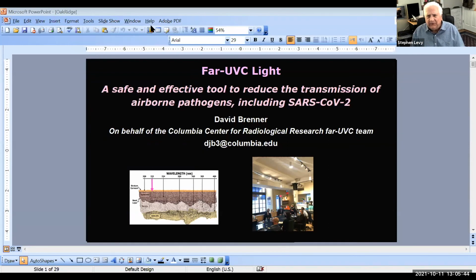I have two questions. First question is ozone generation. Is that going to be a problem with these lamps? Well, there have been lots of measurements. The first comment to be made is that the peak in ozone generation is below 200 nanometers, 180 or 190 or something. So there is some ozone generation. We have ozone meters all the time, and we've never seen any ozone levels even approaching the EPA limits.